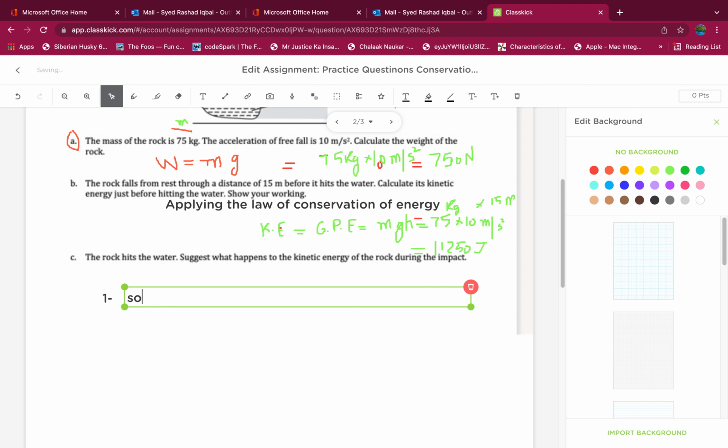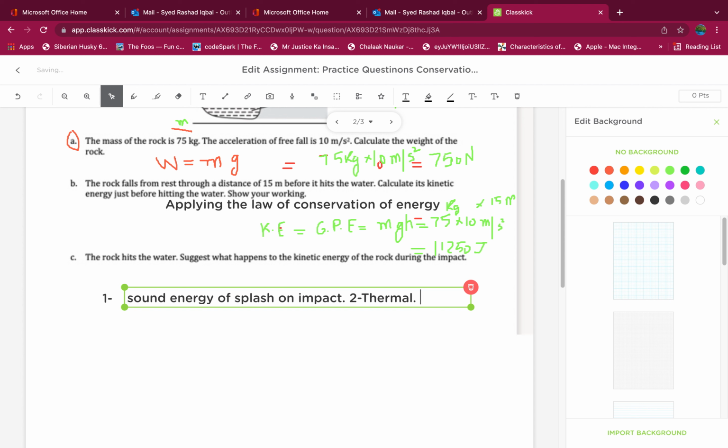This is one of the changes. Sound energy of splash on impact with the water. Second, maybe there is thermal energy. As it hits the water, some of the energy changes into thermal.